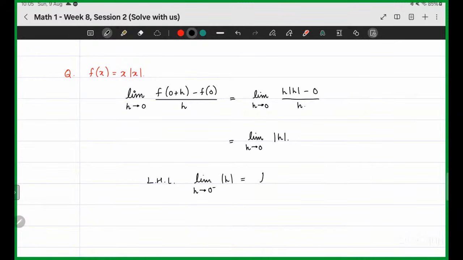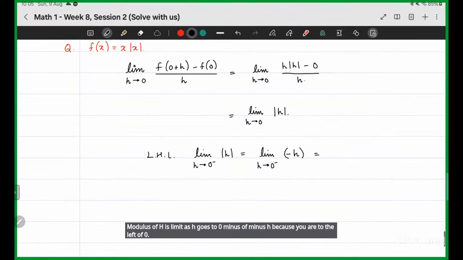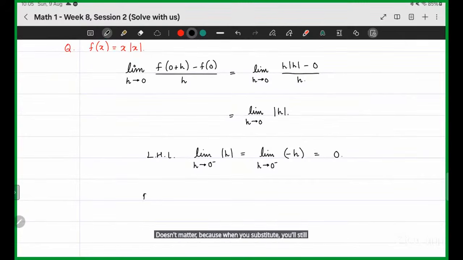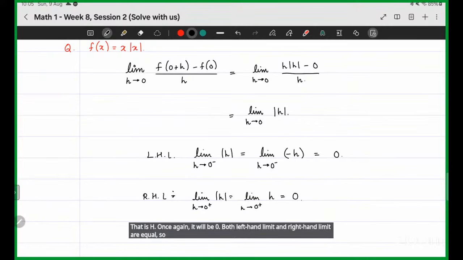Modulus of h is minus h because you're to the left of 0. Doesn't matter, because when you substitute, you'll still get 0. The right hand limit as h approaches 0 plus, mod h is positive, that is h. Once again, it will be 0. Both left hand limit and right hand limit are equal, so this limit exists and is 0.